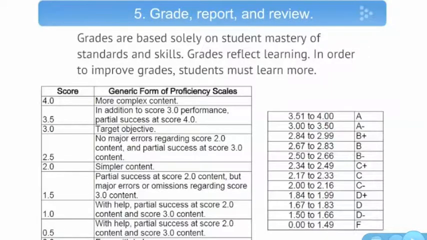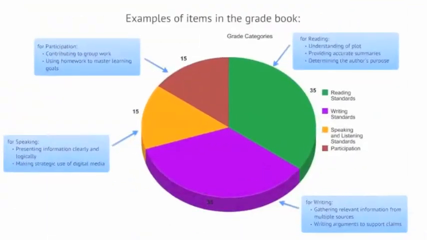And this actually does go in well with our gradebook, our current gradebook. I know we have grade categories in the English department where some of our grade is made up of reading standards, some of it's writing standards, some is listening and speaking, and this process does not go against that.